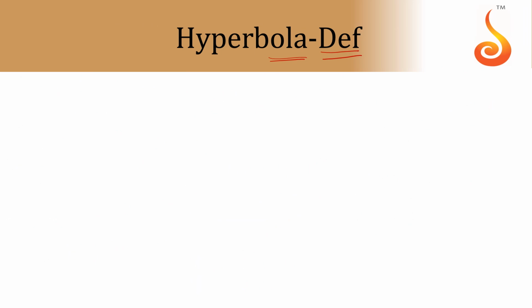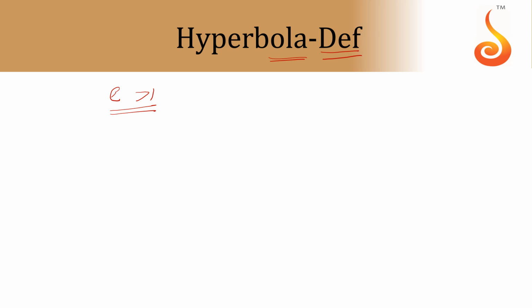So after learning ellipse, learning hyperbola will be very easy. When eccentricity e is greater than 1, the conic which is formed will be a hyperbola. Here the terminology will change somewhat: instead of major and minor, you will have transverse and conjugate axis.